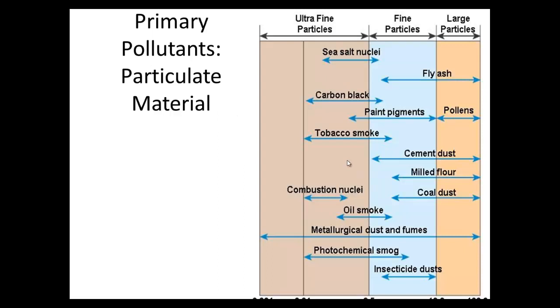So the other important primary pollutant that you should know about is particulate matter. You have ultrafine, fine, and large. So fine particles is everything from 10 micrometers down to about 2.5 micrometers, and ultrafine is 2.5 micrometers and everything below that.